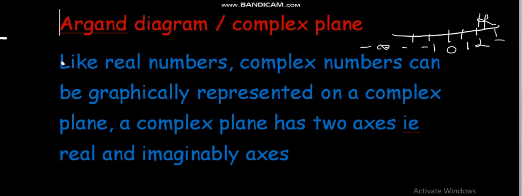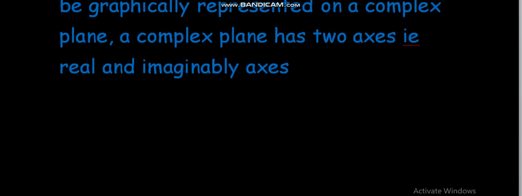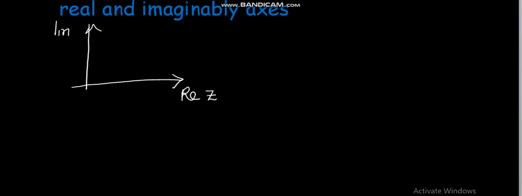Now, for an Argand diagram, we are going to stress it a bit. For example, this is our Argand diagram. The one on the x is going to be Re of z, and this one is our Im of z.